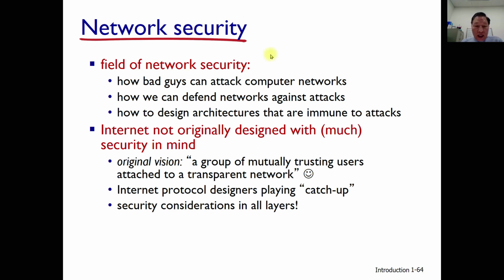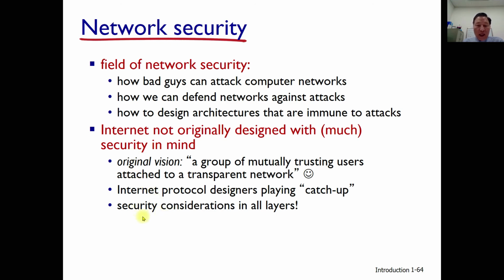Network security is a field dealing with how bad guys can attack computer networks, how we can defend networks against those attacks, and how to design architectures that are immune to those attacks.